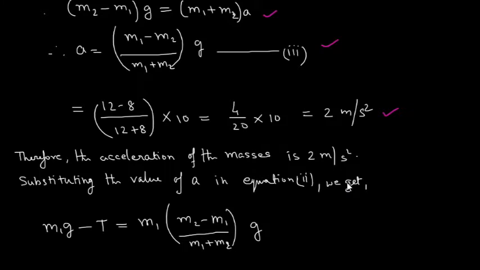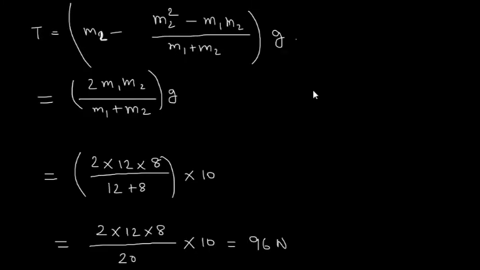Substituting the value of a in equation 2, we get m1g minus T is equal to m1 into (m2 minus m1) upon (m1 plus m2) g. Now T is equal to 2 m1 m2 upon m1 plus m2 g.